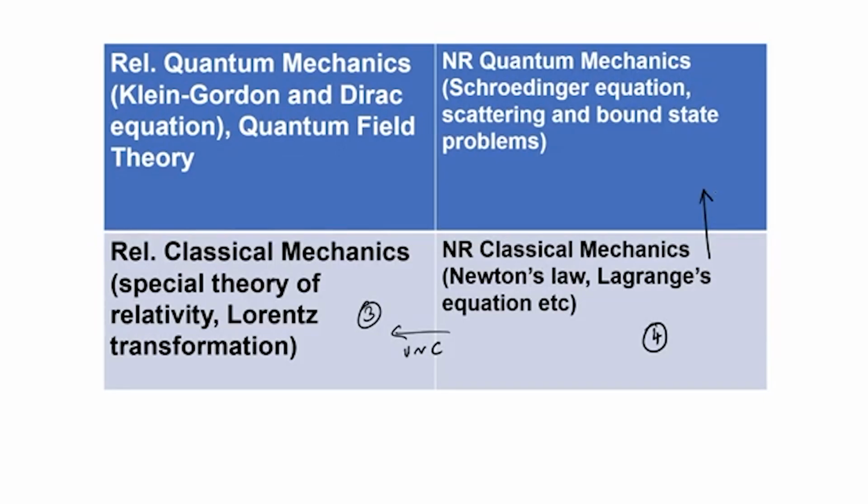We have also looked at the second quadrant, in which we talked about non-relativistic quantum mechanics. In fact, we have spent the maximum time in this course on non-relativistic quantum mechanics, where we studied the Schrodinger equation for various kinds of potentials, including a constant potential, a particle in a box, the harmonic oscillator, the hydrogen atom, and so on.